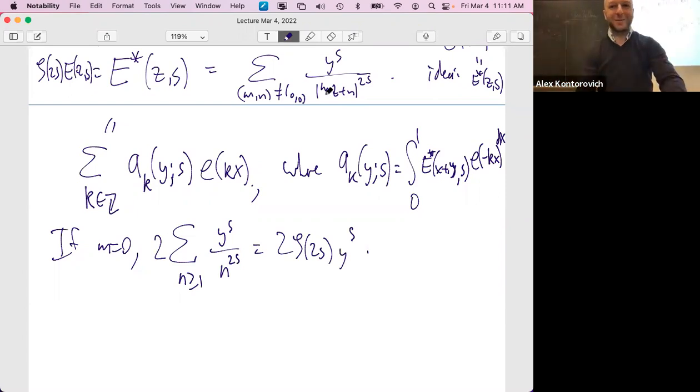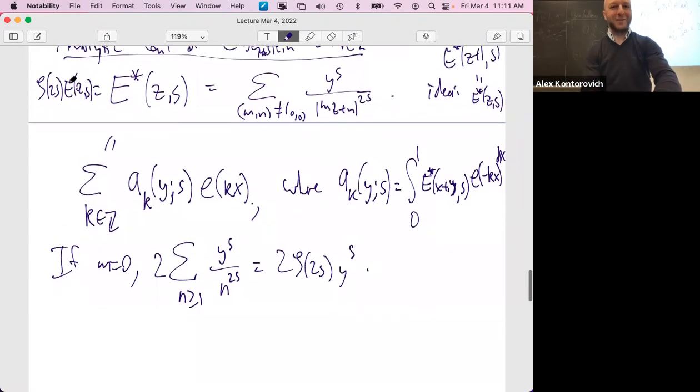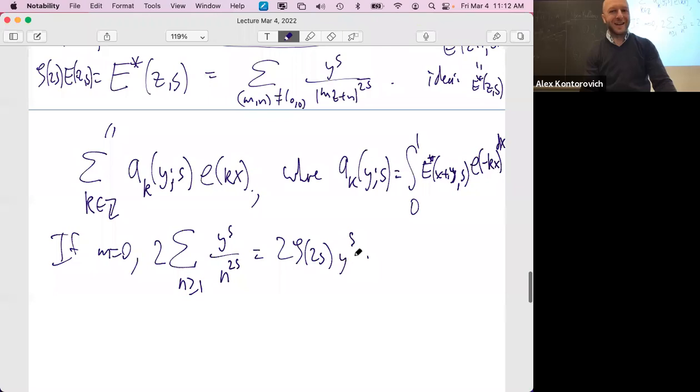Of course I get that because the first coefficient of the original Eisenstein series is y to the s. The identity coset contributes y to the s. Say that to me again? I multiplied by zeta of 2s of the original Eisenstein series. The original Eisenstein series was formed by taking y to the s and moving it by all elements of gamma mod gamma infinity.